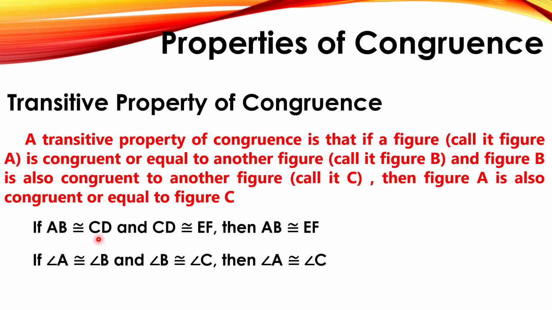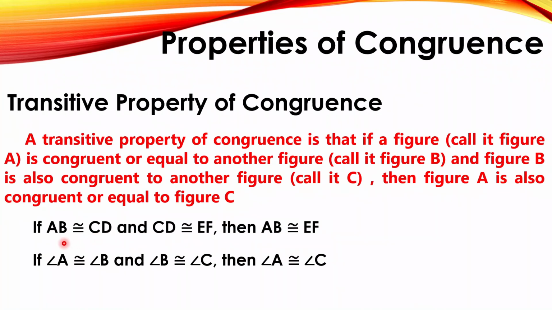And last example here, if angle A is congruent to angle B and angle B is congruent to angle C, then angle A is congruent to angle C. So that is the transitive property of congruence.